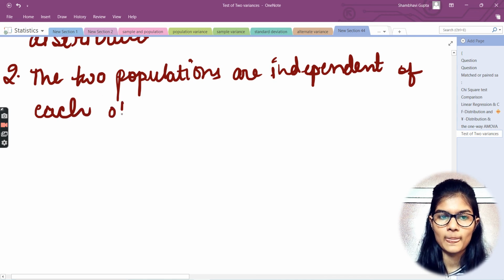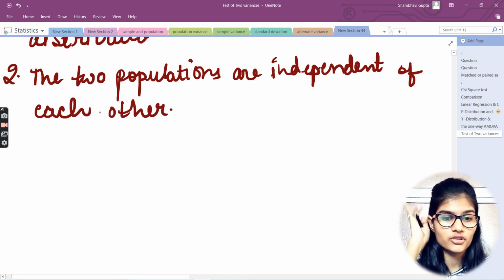So the two populations which we are having are independent of each other.